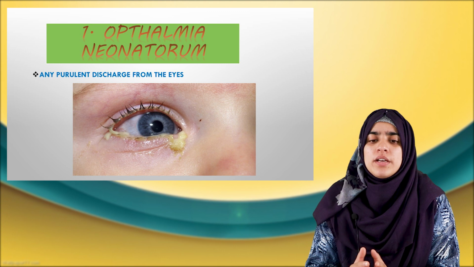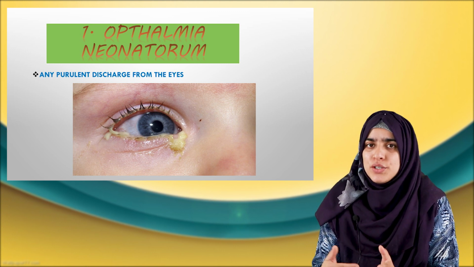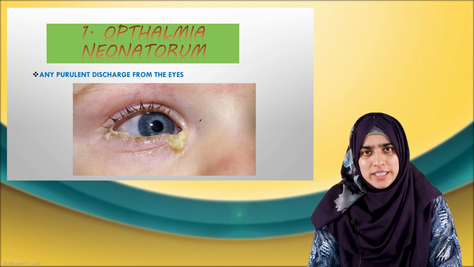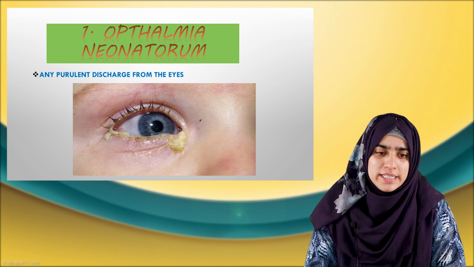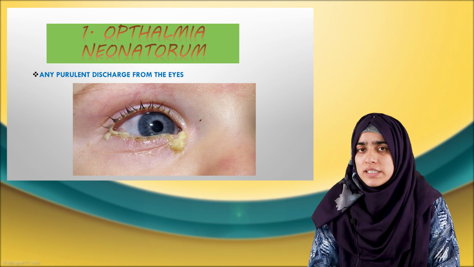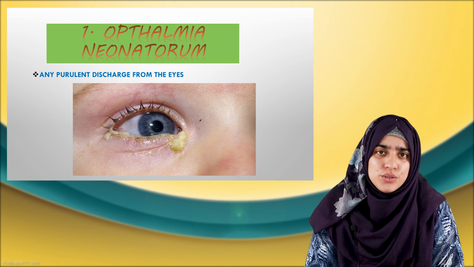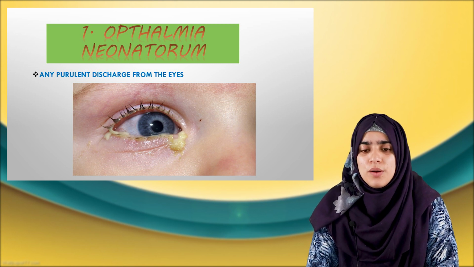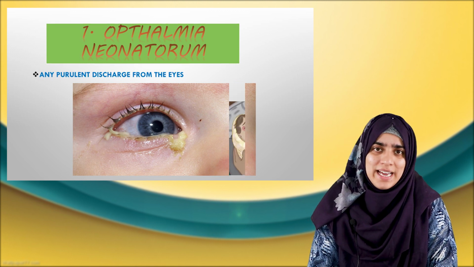As we talk about ophthalmia, it is related to the eye, and neonatorum is related to the neonates, right? So in the eyes of the neonates there will be a purulent discharge, that is a yellowish or greenish discharge from the eyes of an infant within 21 days of life.